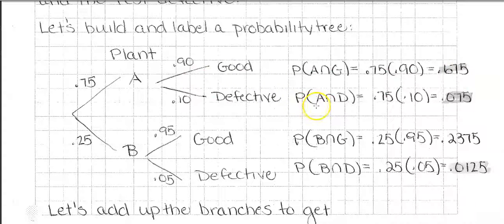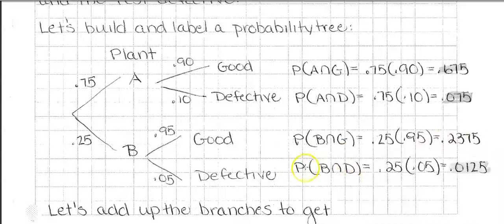Likewise, the probability that the transistor is from A and defective is the product of those branch probabilities, or 75% times 10%, 0.075. If we're interested in knowing the probability that a transistor is produced in plant B and good, we follow that branch and multiply the probabilities to get 0.2375.